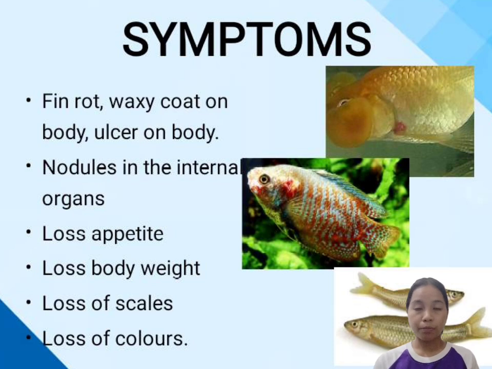The symptoms of Mycobacterium tuberculosis are a thin body, waxy coat on the body, ulcers on the body, nodules in the internal organs, loss of appetite, lost body weight, loss of scales, loss of colors.